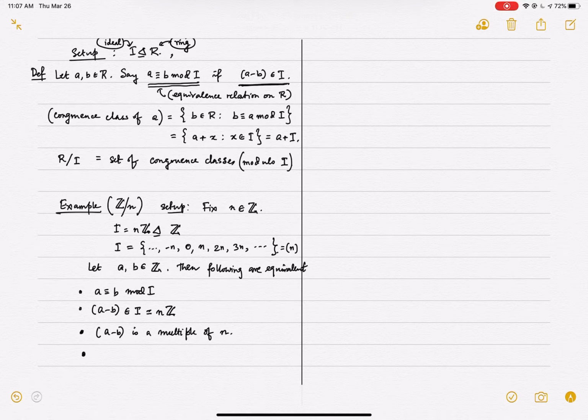But that's the same as saying that n divides A minus B, which we denoted by A is congruent to B mod n. So in this example, congruence modulo the ideal nZ just amounts to congruence mod n, the thing that we studied in detail. These two things are the same in this example.